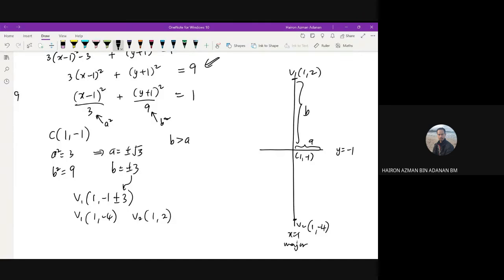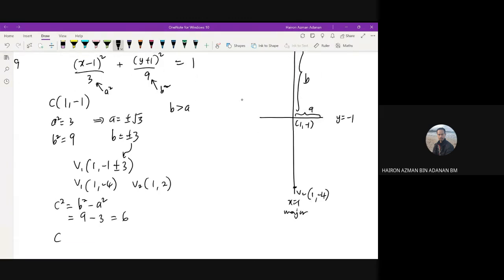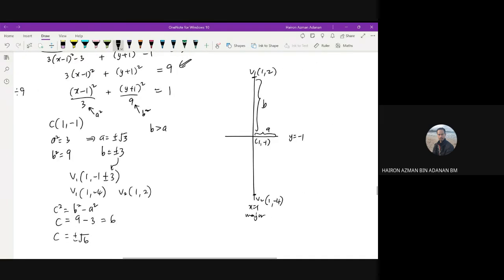Okay, how about the foci? c squared equal to b squared minus a squared. Why b squared, not a squared minus b squared? Because b is bigger than a. Okay, b squared is 9, a squared is 3. So you will get 6. So c equal to plus minus square root 6. Okay, so your focus is here.